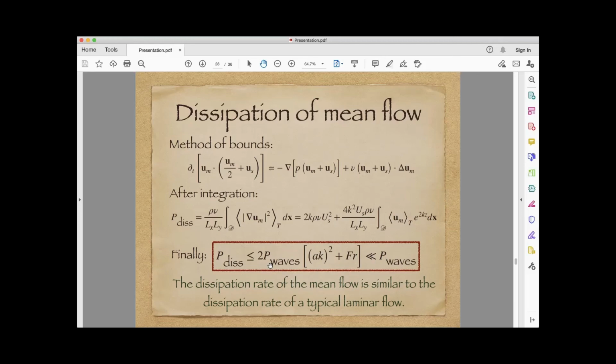What this implies is that the mean flow, even though it becomes destabilized, and we'll show later that it can become turbulent, is bounded by the viscosity, and is very much less than the dissipation rate of the wave. So the mean flow does not extract much energy from the waves. Okay, so this was one of our conclusions.